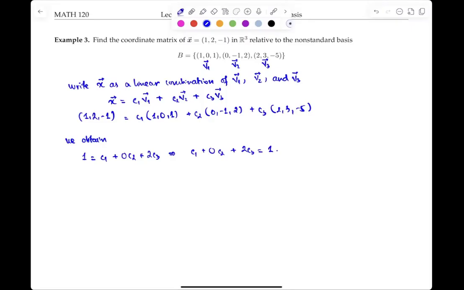That's the first equation corresponding to the first component of the vectors. For the second equation, we look at the second component. You have 2 equal to 0 c1 minus c2 plus 3 c3.